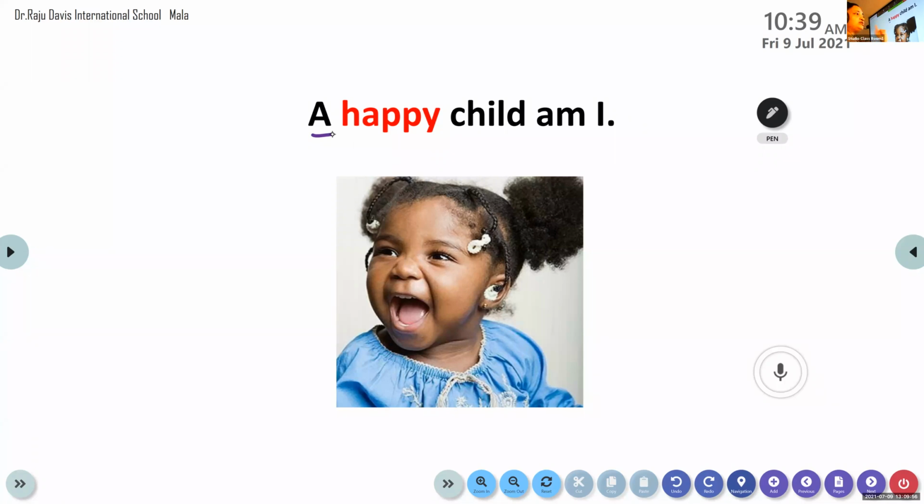So, what sort of a child is mentioned in the poem? She is a happy child. Yes, she always tries to keep herself happy by doing something, which we will be learning now. Good effort, Johes. Thank you.